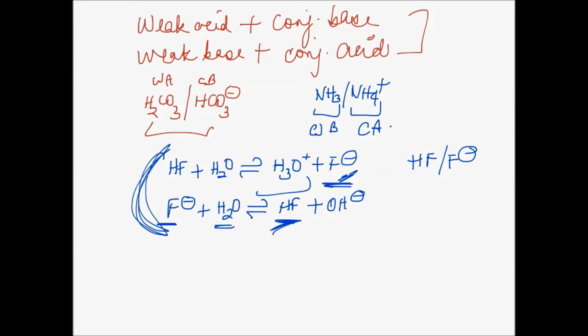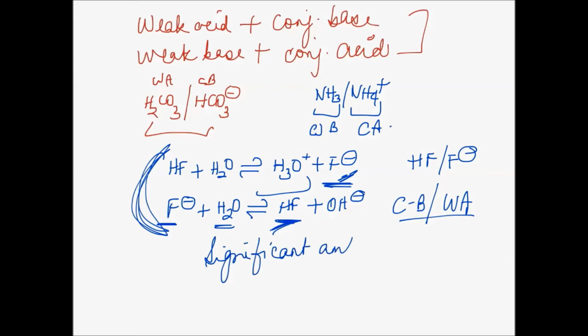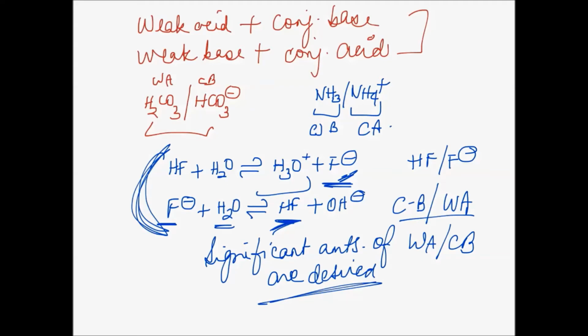And so for that reason, neither the conjugate base by itself nor the weak acid by itself can behave as buffers, but the two together are included to form a buffer. So a buffer must contain significant amounts of the weak acid and the conjugate base. So concentration is a big thing. Okay? All right.